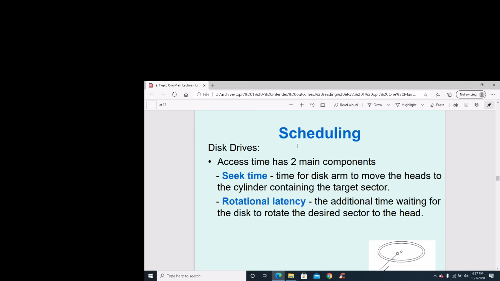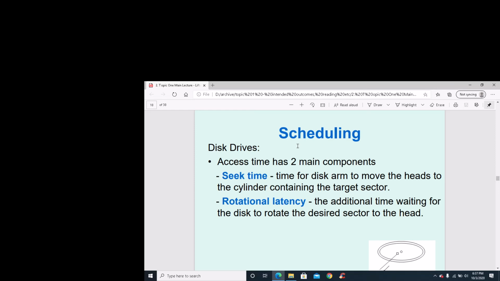And I'm sure you're going to ask, quite naturally, what on earth is meant by an access time? I mean the time it takes to either read data from the hard disk drive or to write data to the hard disk drive. That's accessing, using the hard disk drive for its fundamental purpose of storing data.